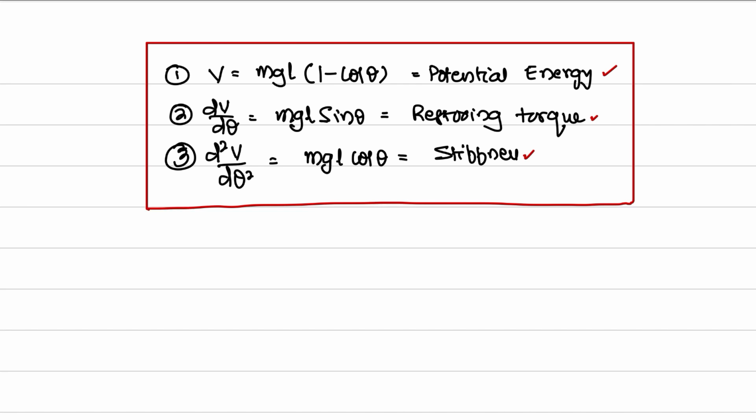Now, what is the angular frequency? I will give the formula. Potential energy when theta is equal to 0 will be the minimum, at the bottom of the swing.